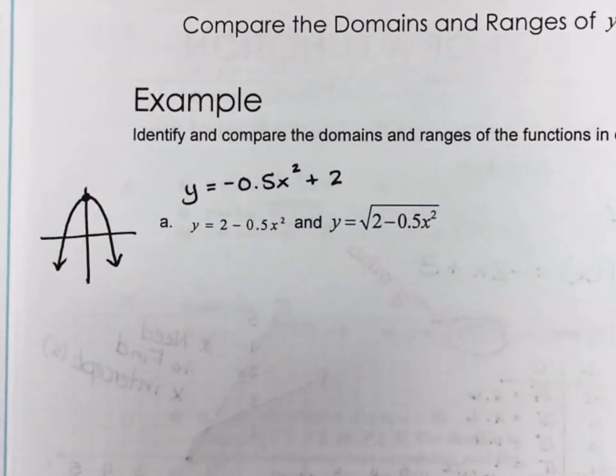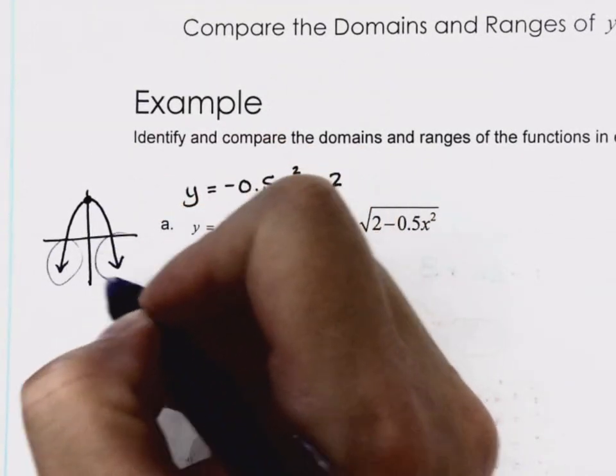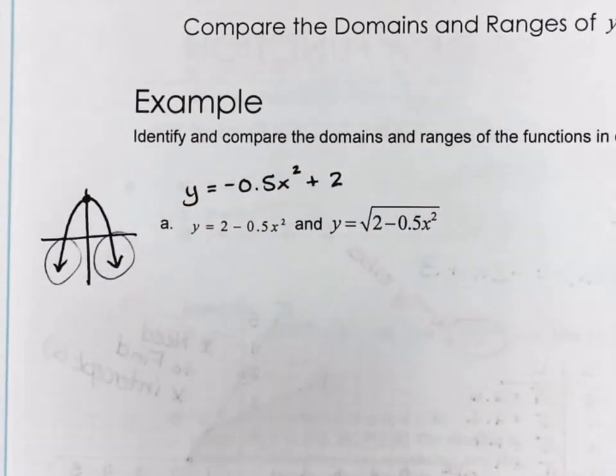What are important points? X-intercepts, right? And vertex. And which way it opens. The reason why the x-intercepts are important is because we're not going to be able to take the square root of these because they're negative y values, right? Everybody good with me?